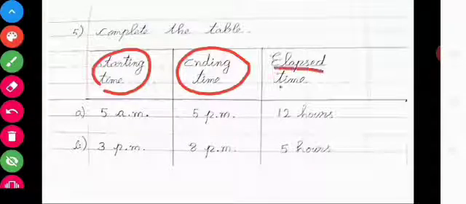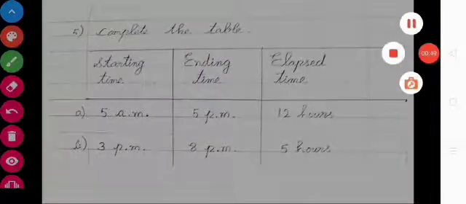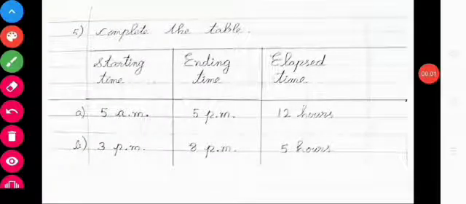You have to find the elapsed time. 5 a.m. to 5 p.m. From 5 a.m., then 6 a.m., 7 a.m., 8 a.m., 9 a.m., 10 a.m., 11 a.m., 12, then 5 p.m. How many hours in between? 12 hours. See the next one.